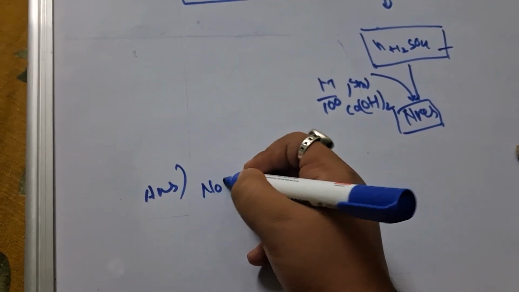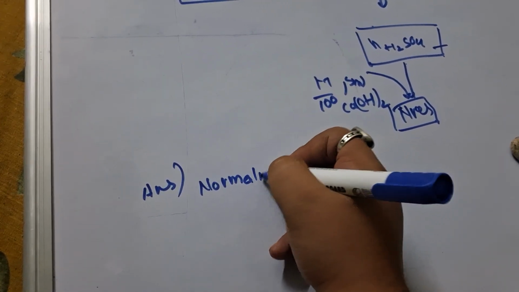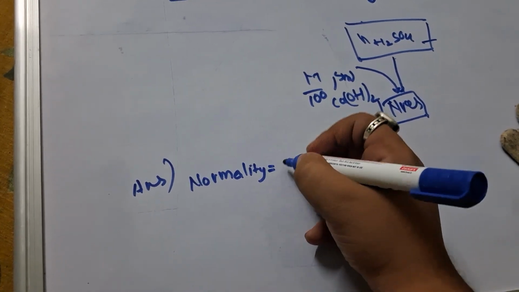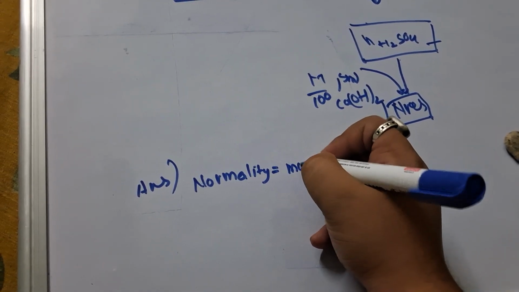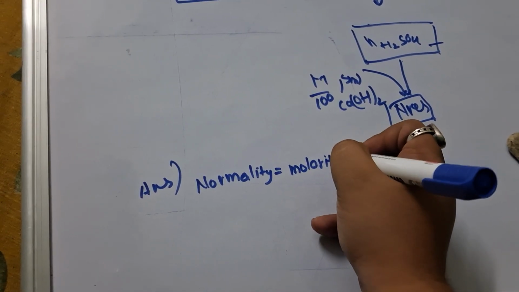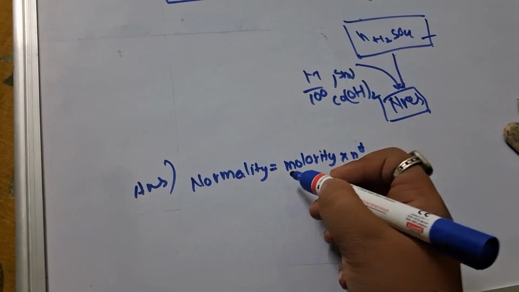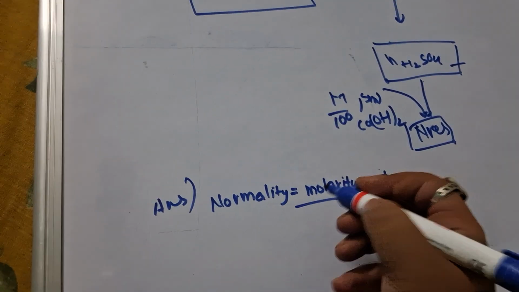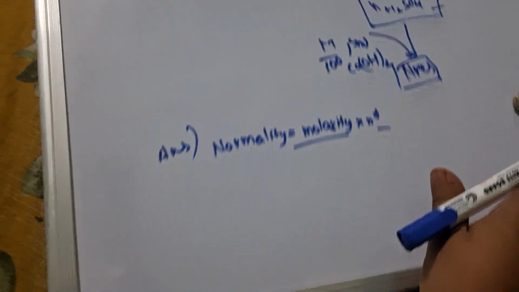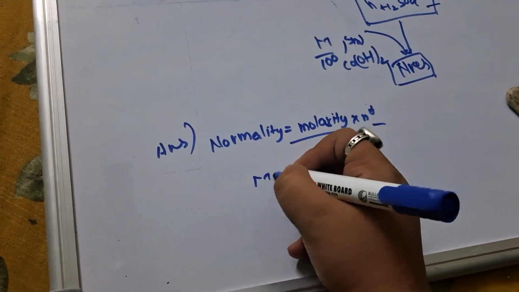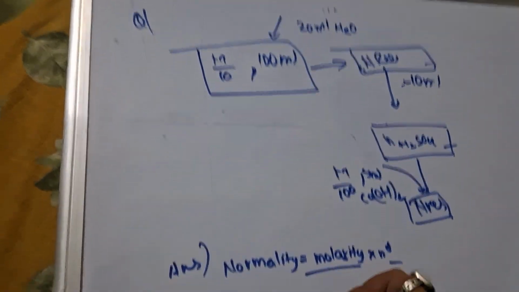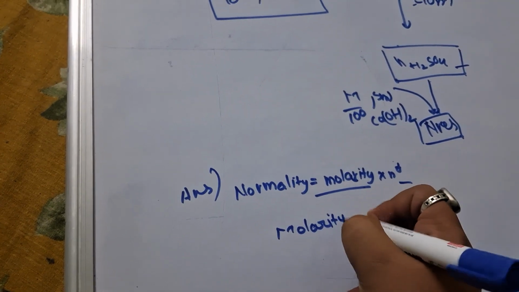Normality equals molarity into n factor. We have studied n factor, we have studied molarity. Now we have to find the molarity of that.